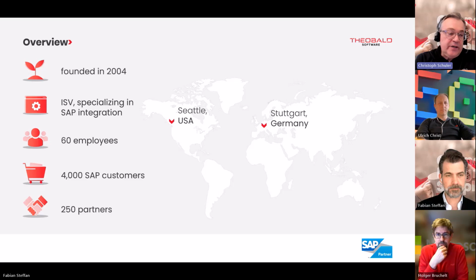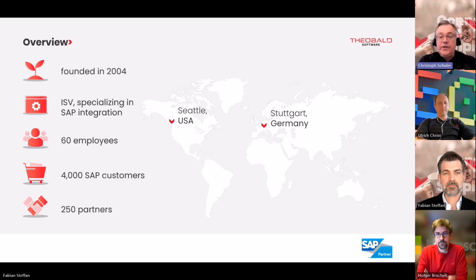Over these years, we have been working with close to 4,000 SAP customers globally. We have customers in all industries. I would say we're pretty strong in industrial manufacturing, also automotive, chemical, pharmaceutical, life sciences, really across all industries on a global basis.